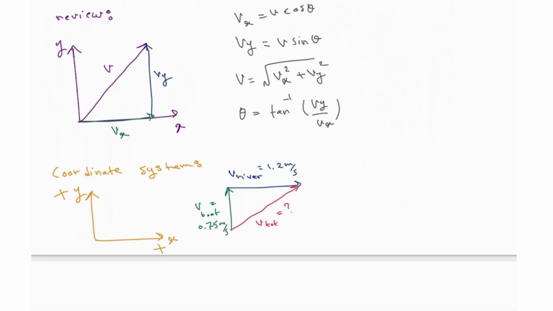So here, as you can see, I chose the x-axis to be parallel to the velocity of the river and the y-axis to be parallel to the velocity of the boat relative to the water. This way, we can use the Pythagorean theorem to find the total velocity using Vx and Vy, and we can use the tangent of Vy over Vx to find the direction.